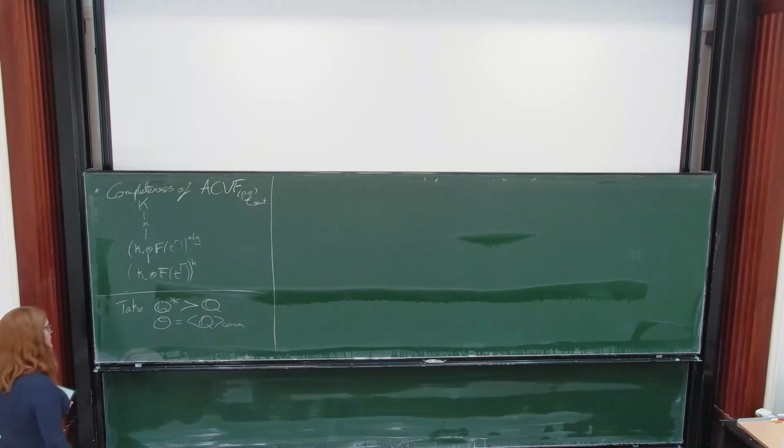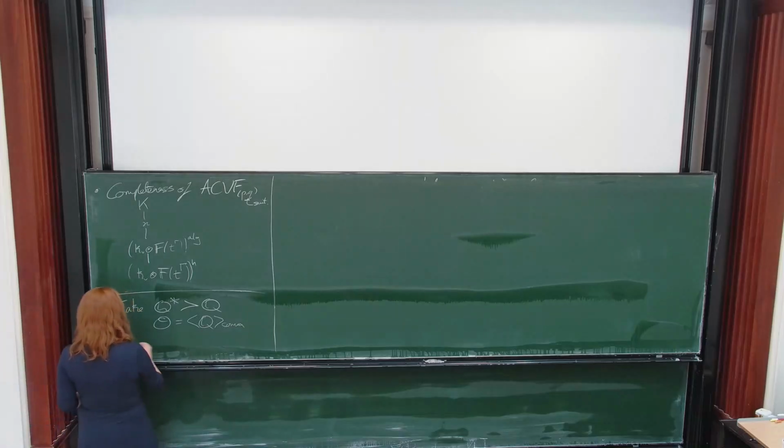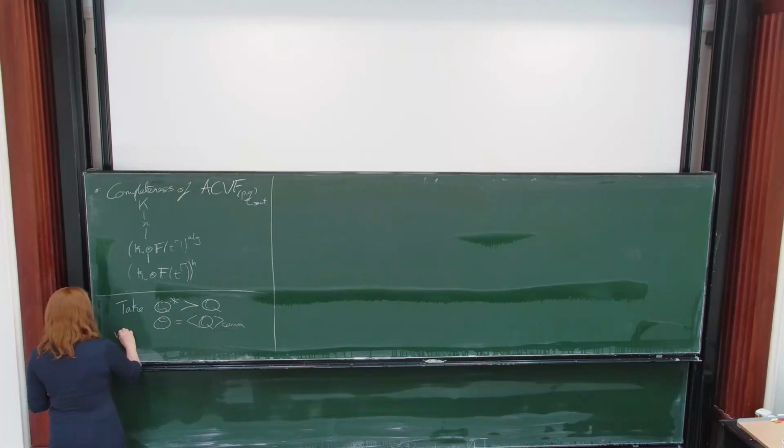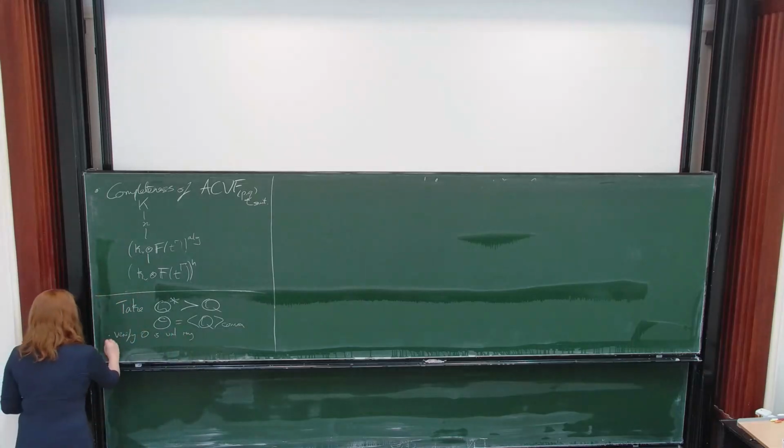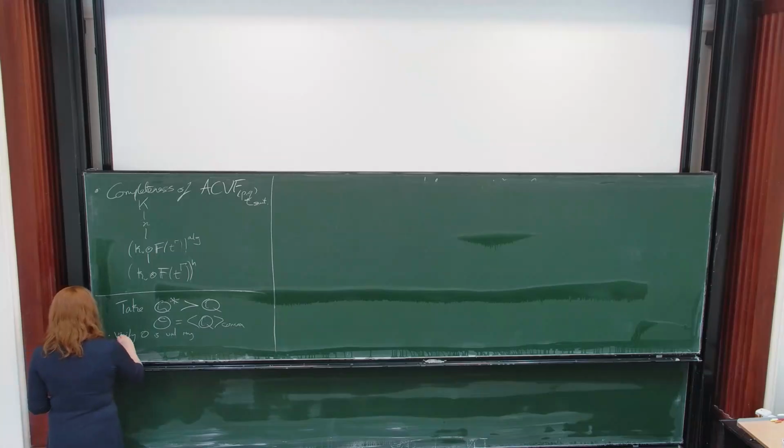Take the convex hull of Q and verify that O is a valuation ring. And then I'm asking you, what is the theory of the residue field? It's a little puzzle.